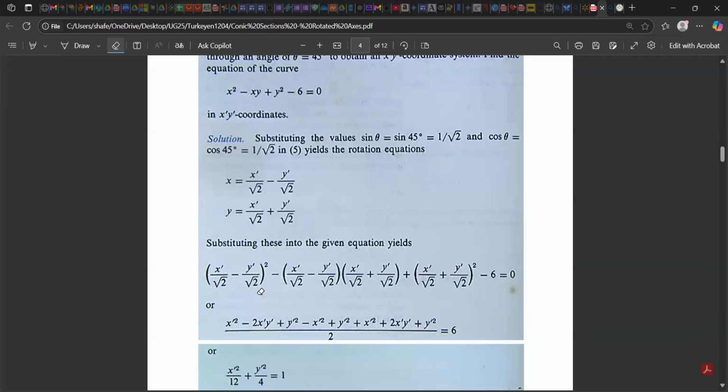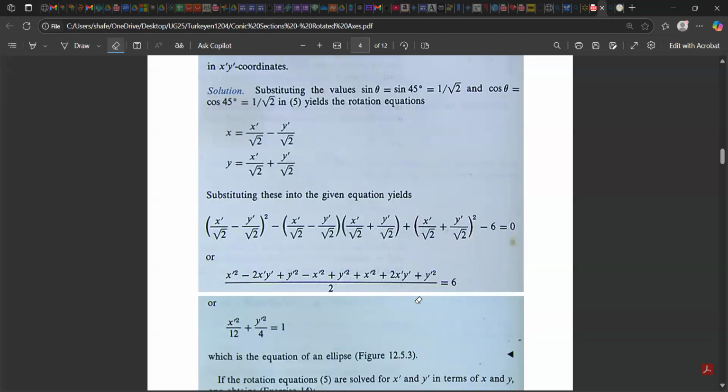You expand it out and simplify, and you should get this. This is really going to put your brain to work, right? You're going to get this, and when you get this, that should simplify to this here. So basically, it's an ellipse. You recognize it's an ellipse.